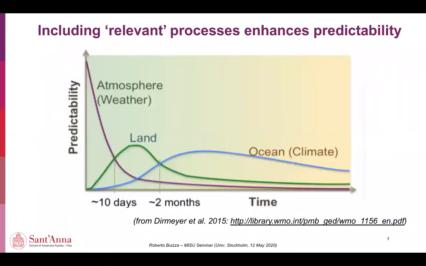Now, I said about the processes, clearly, we want to include processes in our models that are relevant for weather prediction. This is a nice graph from Dirmeyer et al. 2015, where he pointed out that the longer you want your forecast to be valid, the more components you need to include in your system. Why?